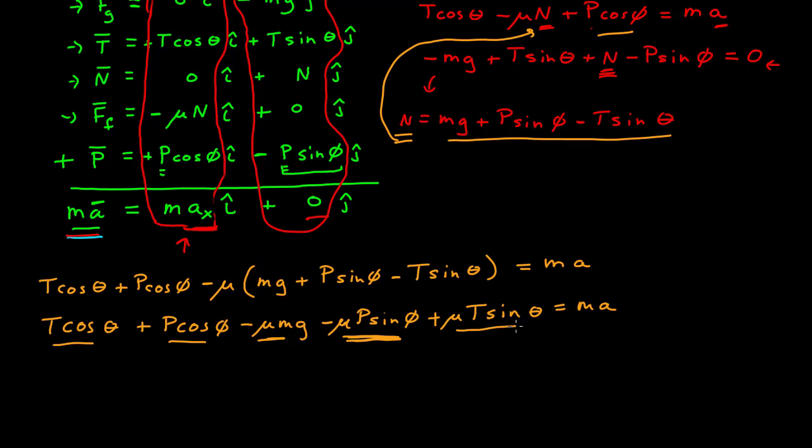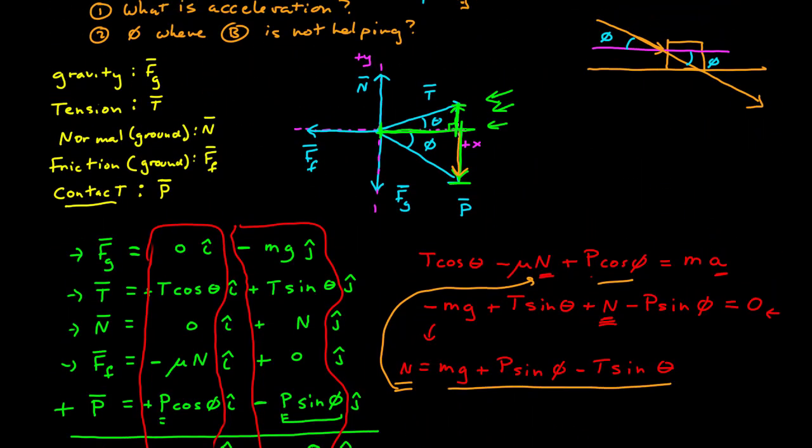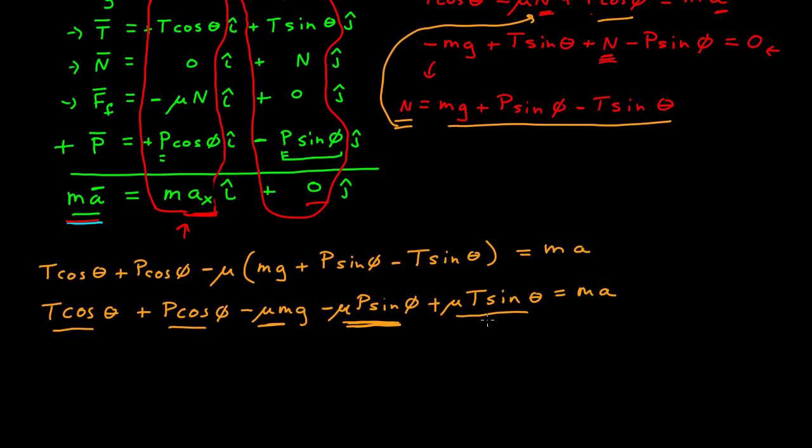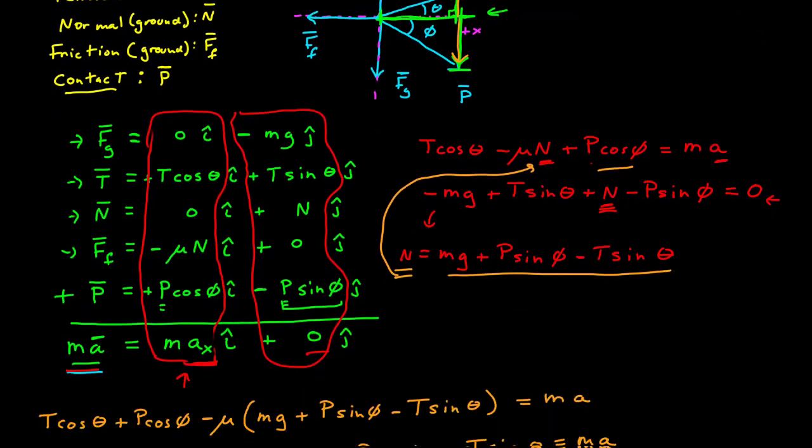Now this component here is the vertical component of the tension force. So this is in fact helping me, and it's helping me because it's contributing to lifting the box.